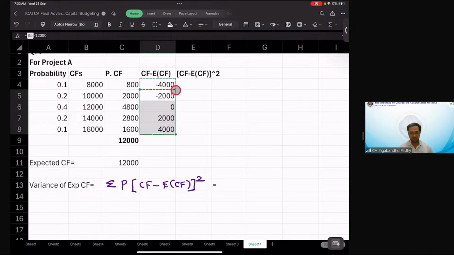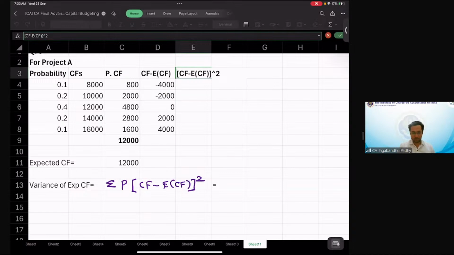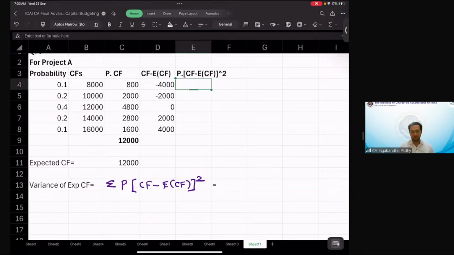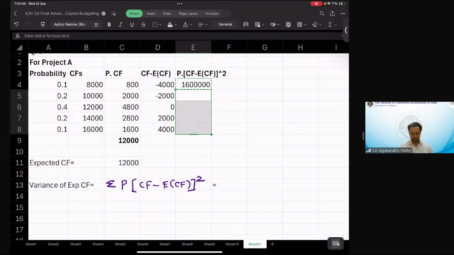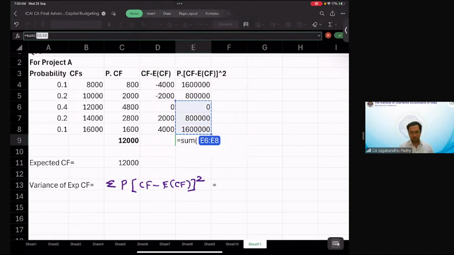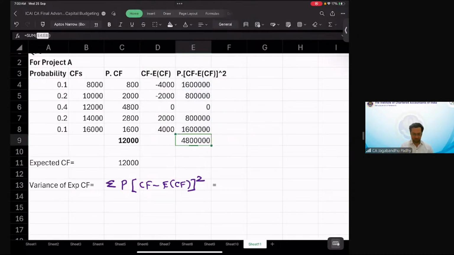Next, we take a square of it, for example 4,000 square, and then we multiply it with the probability term. Take a total of all these numbers.